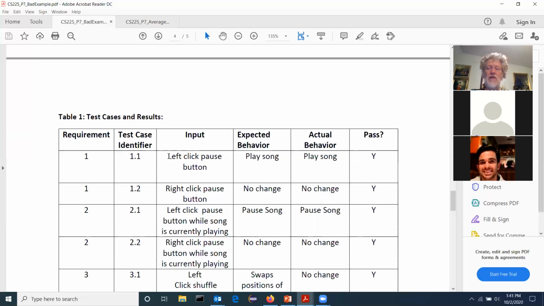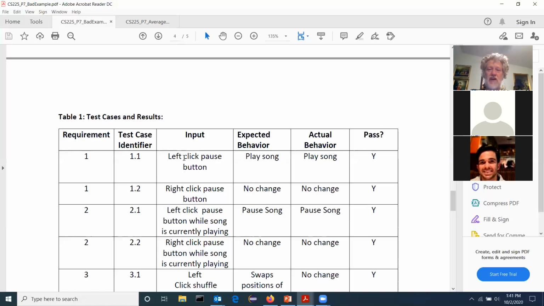The framing here is all about user actions, by the way. Left click, right click, left click. These are user actions. It's hard to capture the behaviors when you're doing that. I would recommend that you do not do it at the user action level. When the user left clicks the play button, what's really happening?